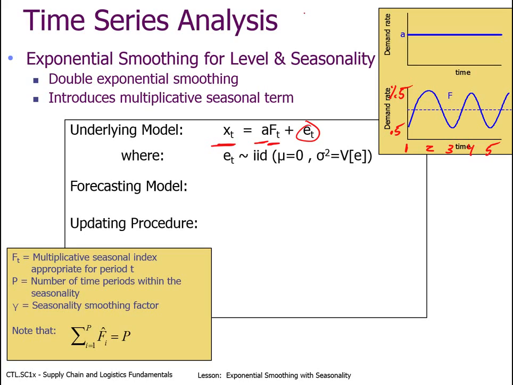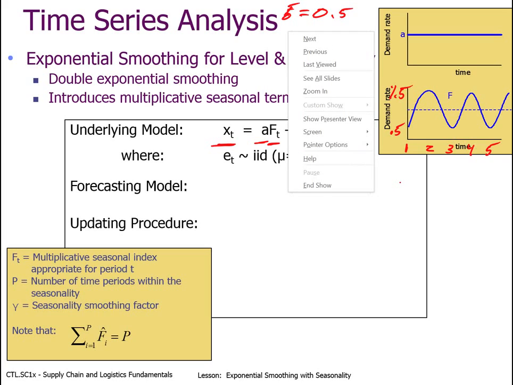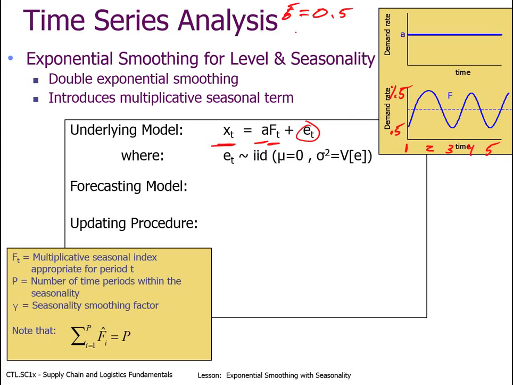So what would that mean? That would mean that f sub odd is equal to 0.5, while f sub even equals 1.5. That makes sense, right? Because if it's half the time, then it has to be 1.5 the other half of the time.